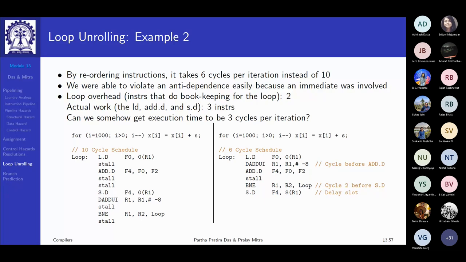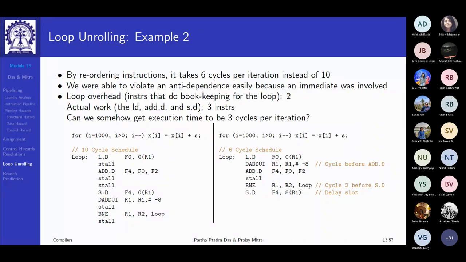This dadd ui and bne are basically overhead instructions. They are for the management of the loop. They are for bookkeeping. Right? So here, as you can see, that for every 3 instructions in an iteration, I have 2 instructions of overhead. Right? So it's quite a lot of overhead. I mean, I have 67% additional overhead.